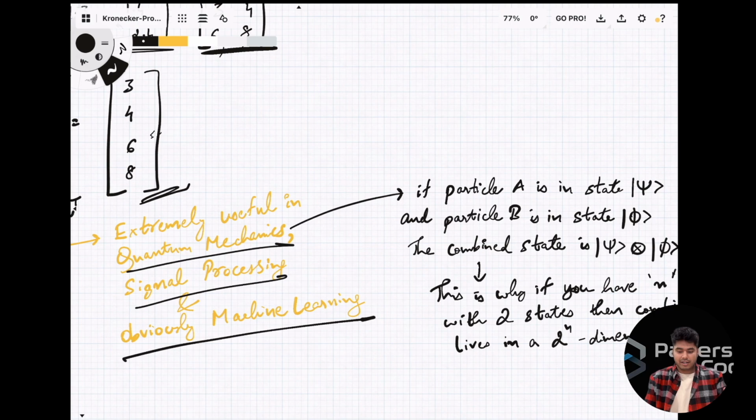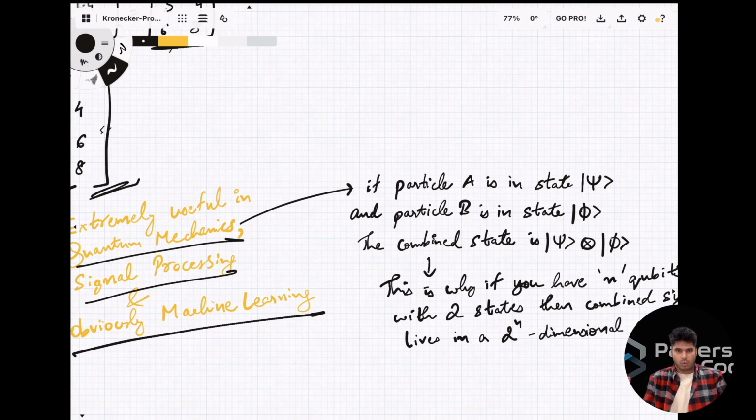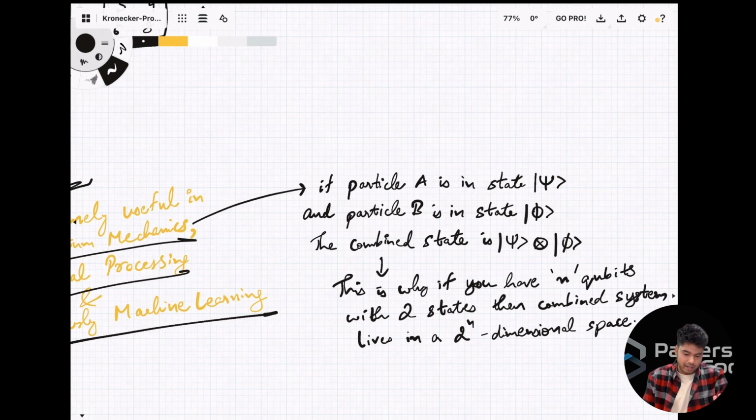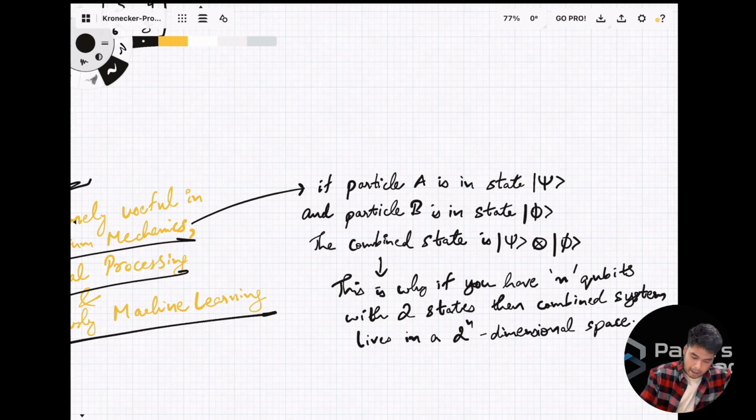For those who are interested, you can stick around for the next 1 minute. I'll just explain a very simple thing about quantum mechanics. If particle A is in state phi, right? For those who are familiar with quantum mechanics, they know what the state of a particle is. And let's say particle B is in state, let's say eta or whatever. Now, the combined state is a Kronecker product of the states.